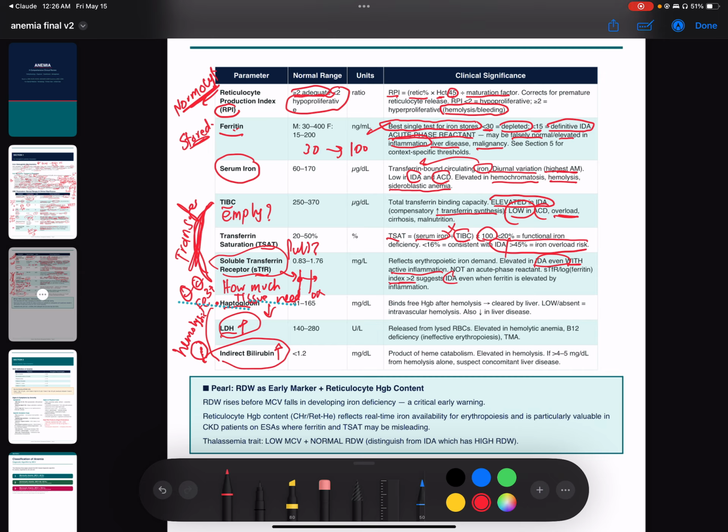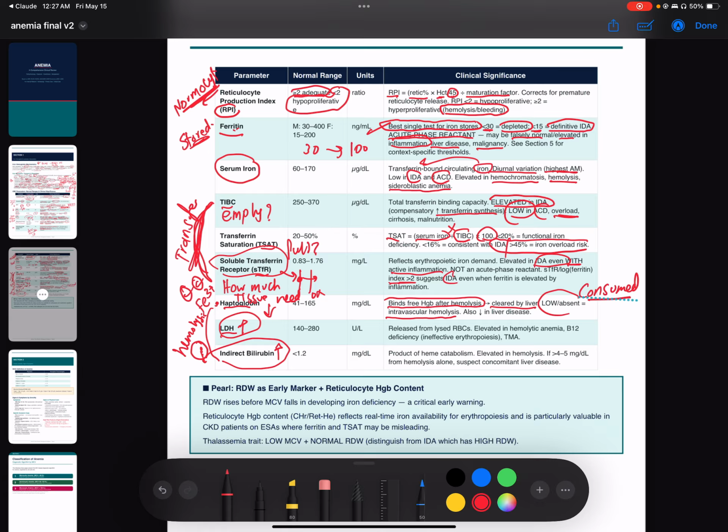So let's read this. Haptoglobin binds free hemoglobin after hemolysis, and it goes to the liver to be cleared. So if you have low or absent levels of haptoglobin, that means you have intravascular hemolysis. That means the haptoglobin is consumed, so you have low levels.